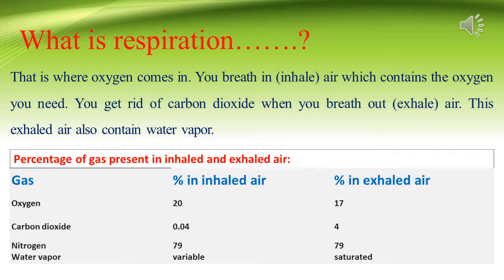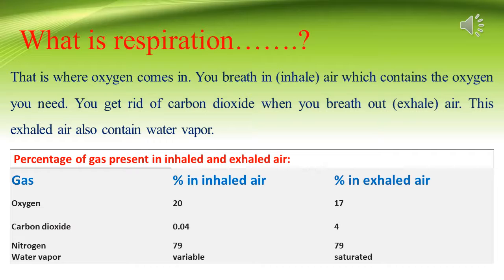Now we are going to discuss the percentage of gases present in inhaled and exhaled air. When we inhale, the air contains 20% oxygen; when we exhale, the exhaled air contains 17% oxygen. 4% oxygen is absorbed from the lungs into the blood. The concentration of carbon dioxide in inhaled air is 0.04%, as you can see in the table, but when we exhale it contains 4% carbon dioxide.